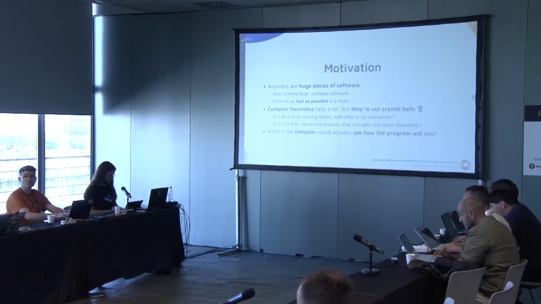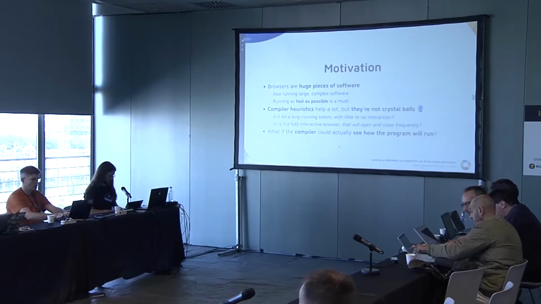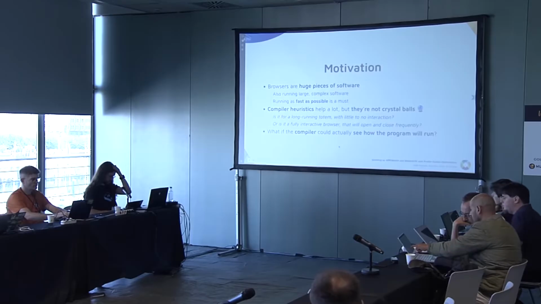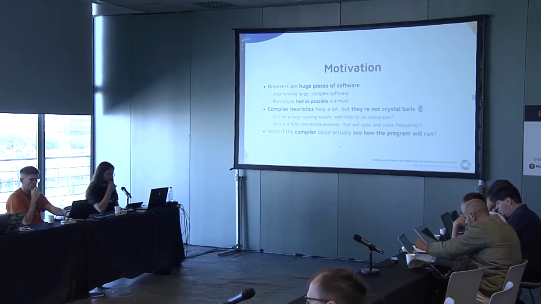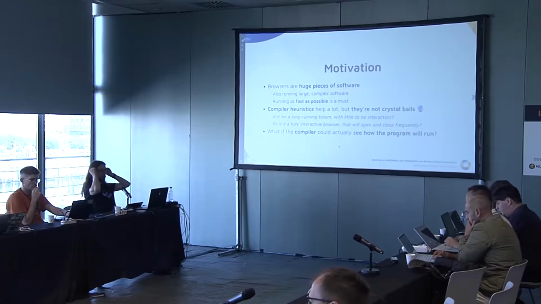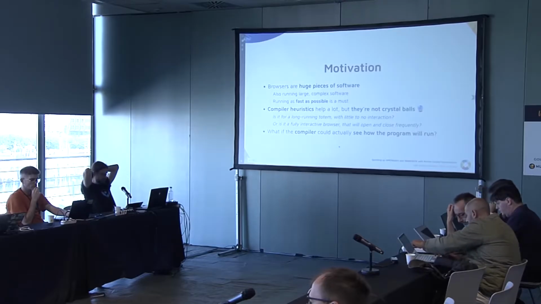For that, on top of the actual work on the software running in the browser and the browser itself, we can seek help from the compiler with optimization flags like O2, O3. Internally, the compiler also has a lot of heuristics to optimize different paths of the code. But especially on generic software like a browser engine, they are not crystal balls.